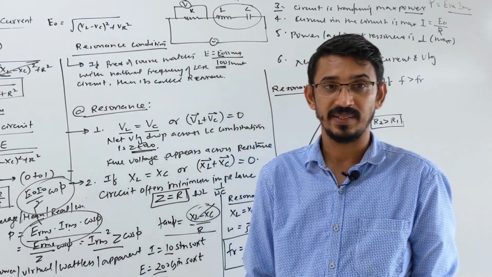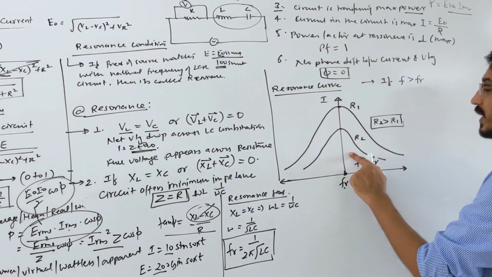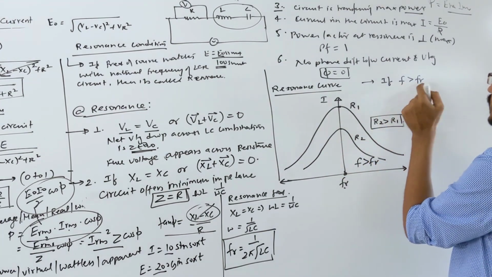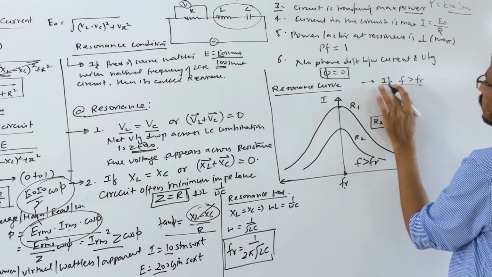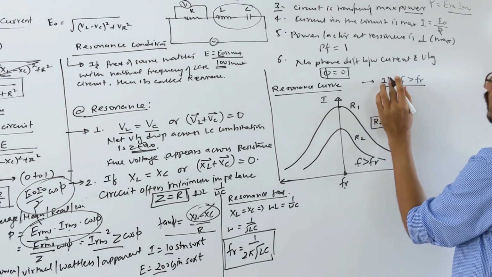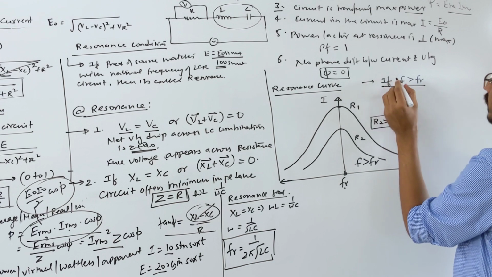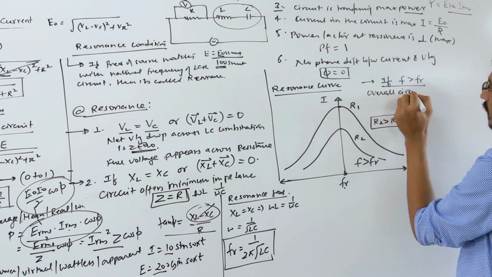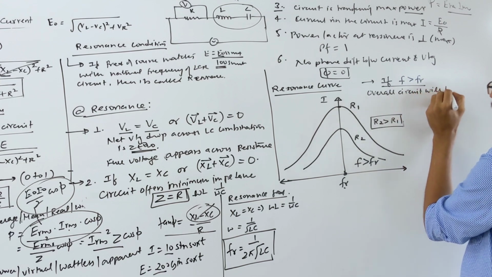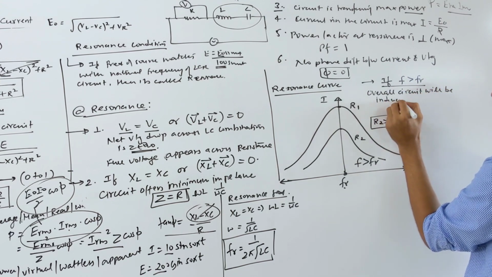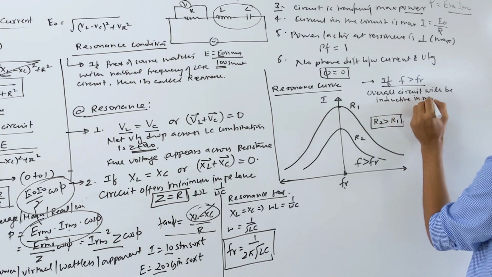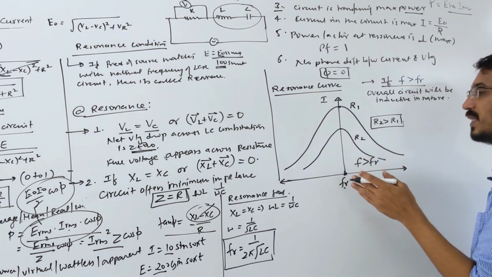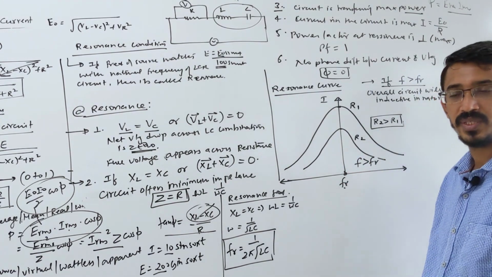So we know that when the circuit is inductive, your voltage leads the current. So suppose you are talking about this region, some graph is given, they ask what happens in this region. Here frequency is more than resonance frequency. Overall the circuit will be inductive in nature, if the frequency supplied is more than the resonance frequency of the circuit.